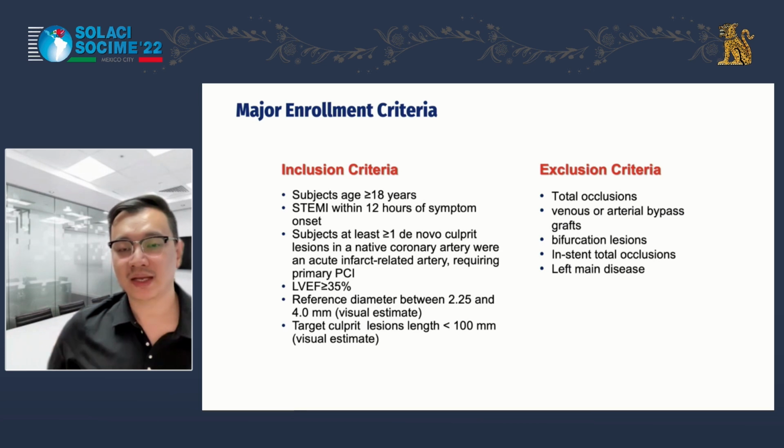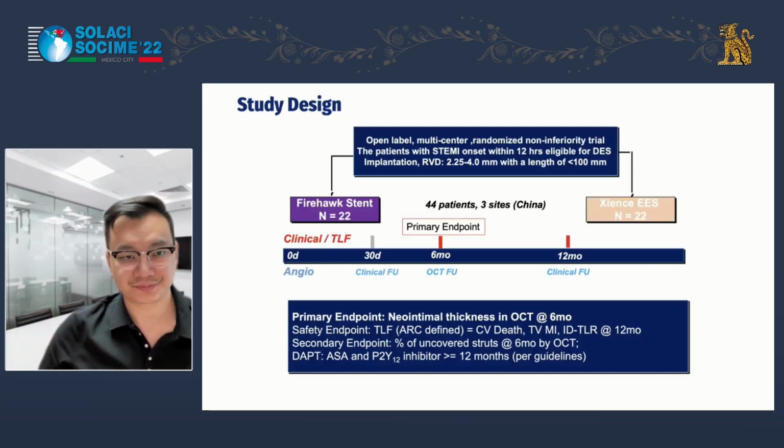Exclusion mainly involved total occlusion, bypass graft, bifurcations, in-stent lesions, and left main disease.